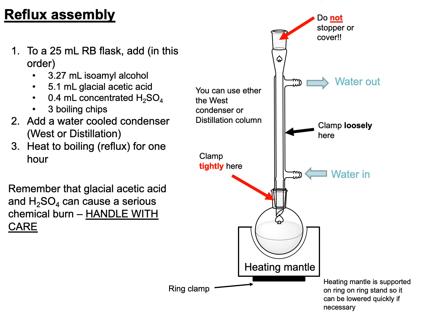Then we are going to use 3 boiling chips. Then we heat the reaction, and then at the end we are going to obtain the product. So we are going to have the condenser for condensing the steam coming inside the flask.